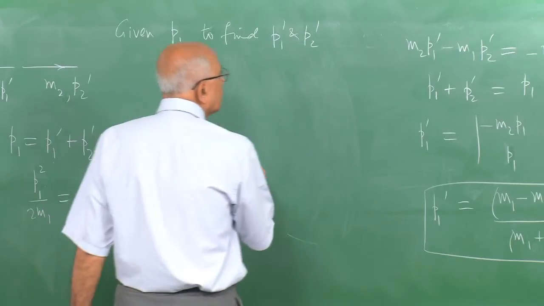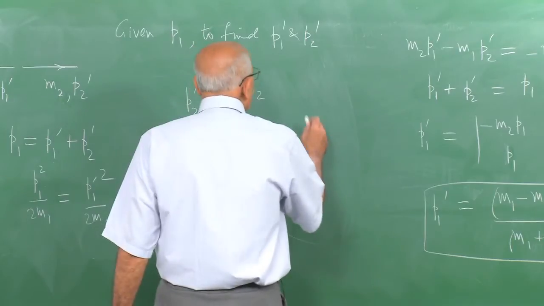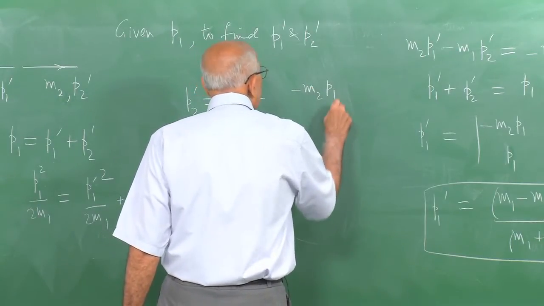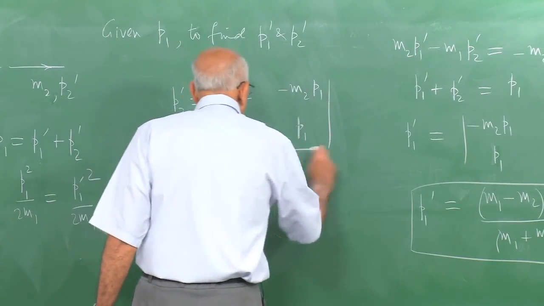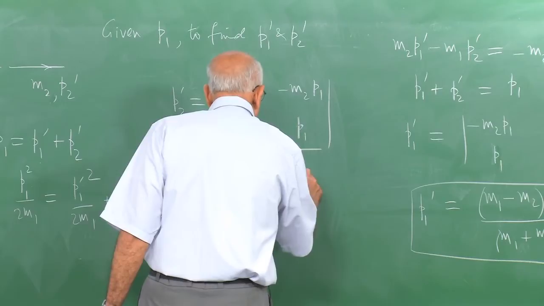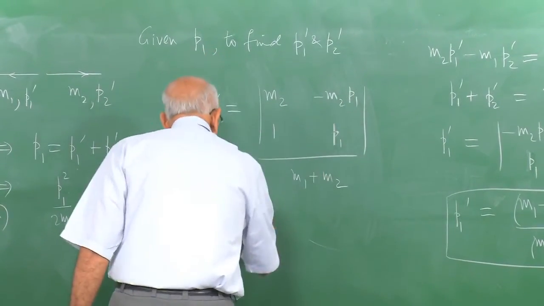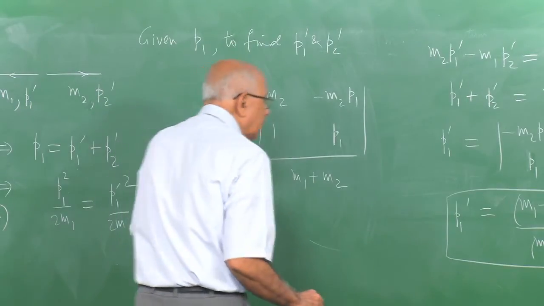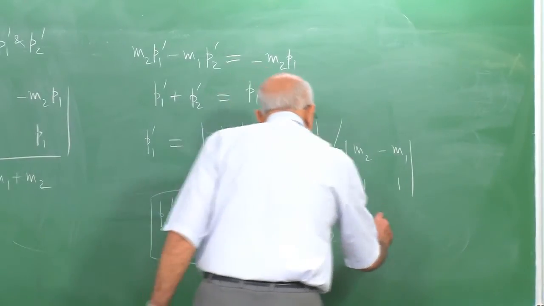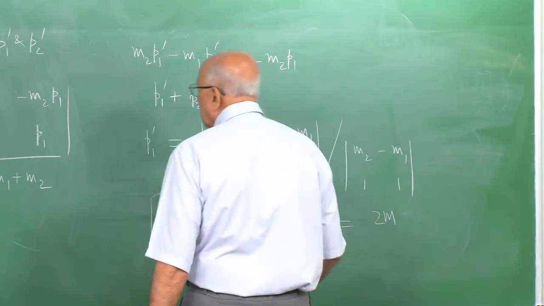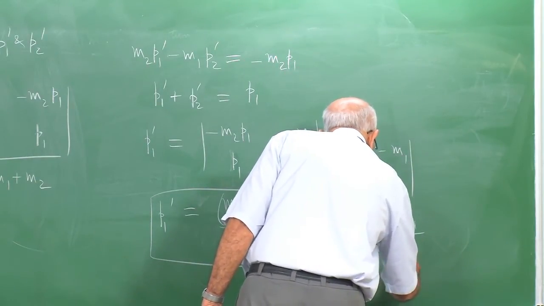And that's again equal to, the coefficient here is m2, it's 1, and here we have minus m2 p1, divided by the same determinant, which is m1 plus m2. This time it's equal to m2 p1 plus m2 p1. So let me write it next to this: P2 prime is equal to twice m2 p1 divided by m1 plus m2.